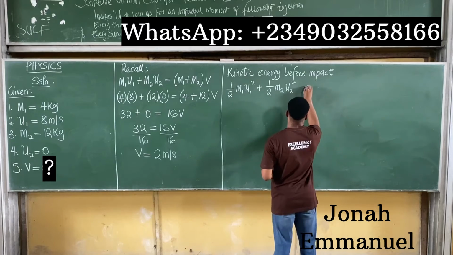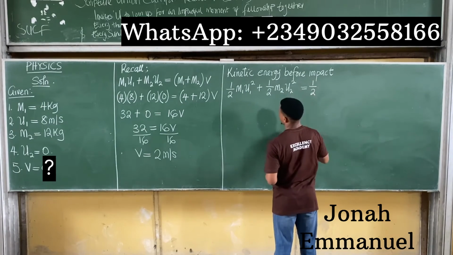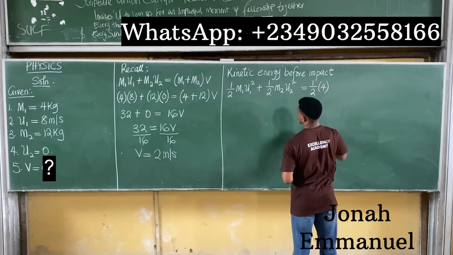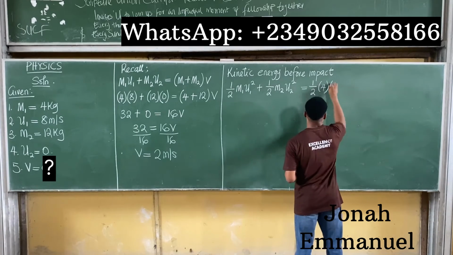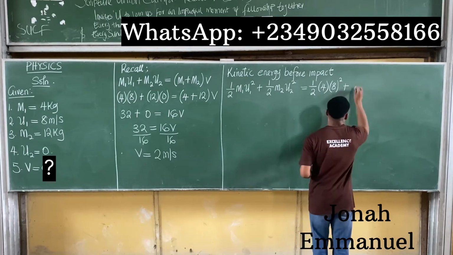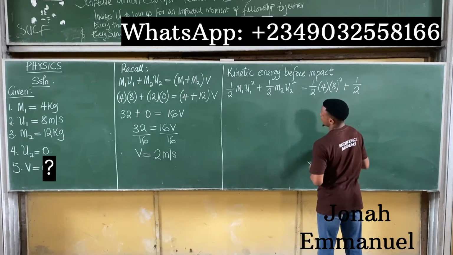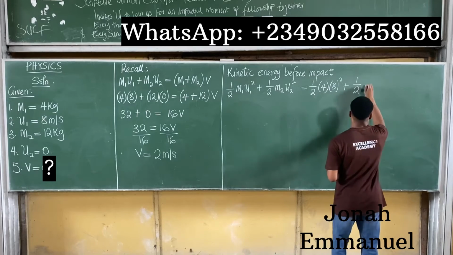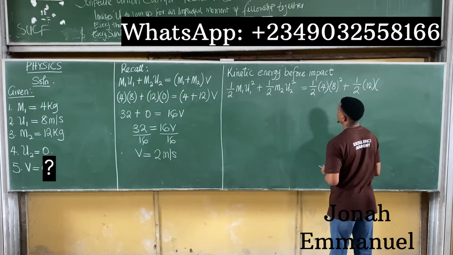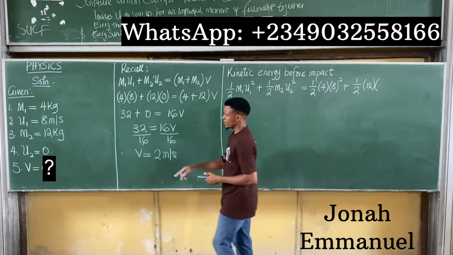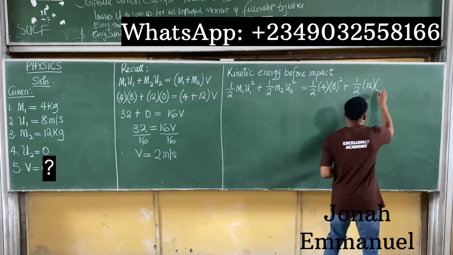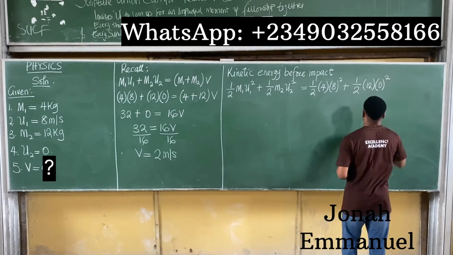If I write this down, this is equal to half into M1, M1 is 4, into U1 squared, U1 is 8, all squared, plus half into M2, M2 is 12 kilograms, into U2 squared, U2 is 0, so 0 squared.